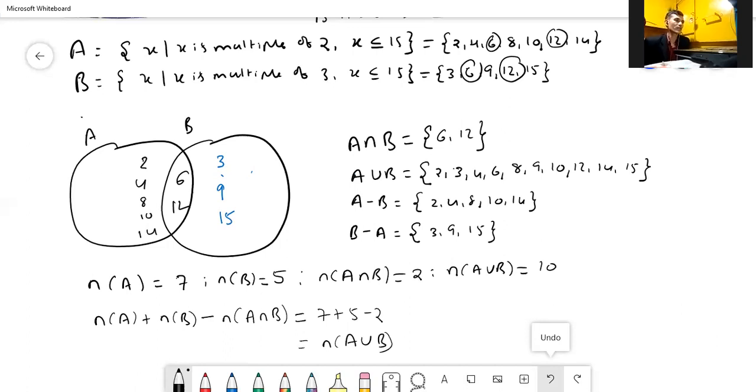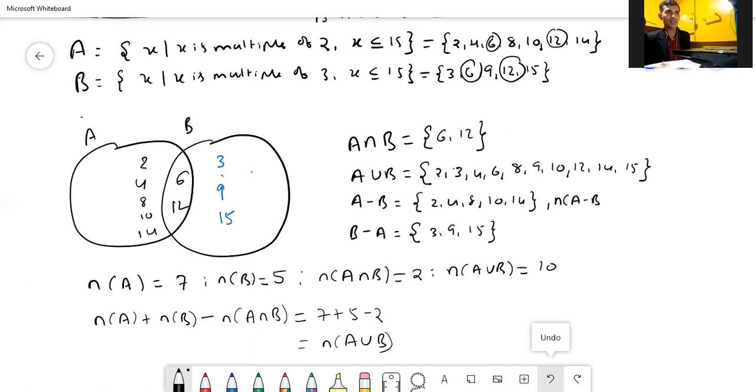For all word problems, we can use: number of elements in A union B is number of elements in A plus number of elements in B minus number of elements in A intersection B. This formula we can use and we can solve any word problems. How will we get the number of elements in A minus B? Let's see here.